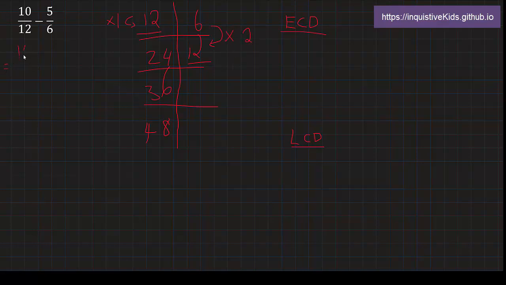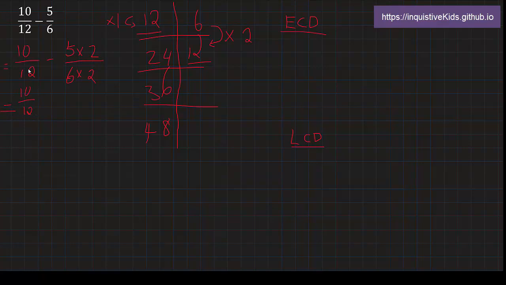So over here, we can leave the 10/12 the same. And we have to change the 5/6. We multiply both the numerator and denominator by 2. That would be 5 times 2 over 6 times 2. And then we simplify.